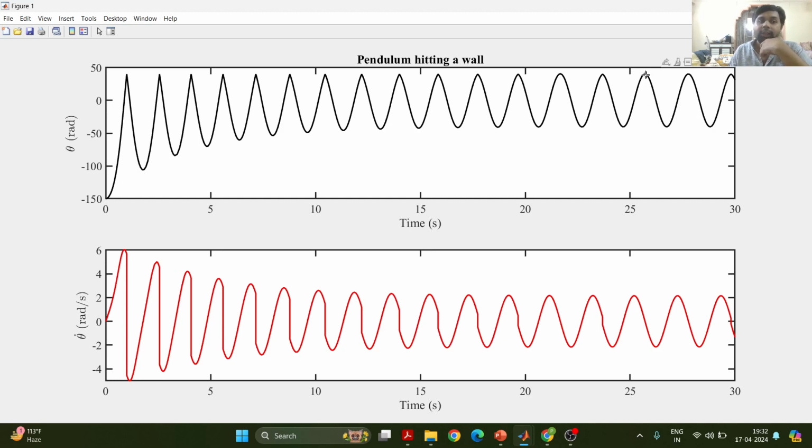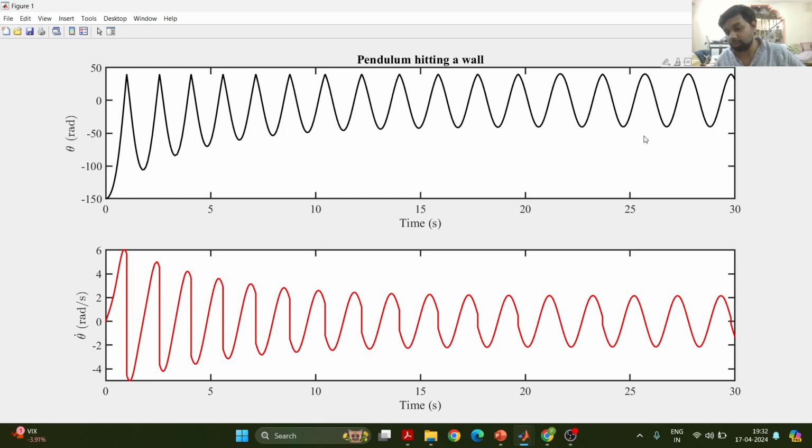There is hardly any change in the angle of the pendulum, because it barely just manages to graze the surface of the wall, and then onwards it will not lose any energy. So after, let us say, around 20 seconds or so, it will stop hitting the wall.